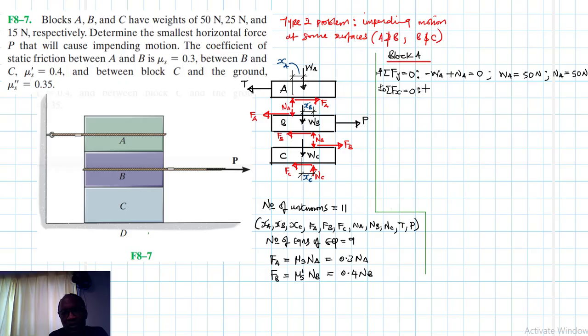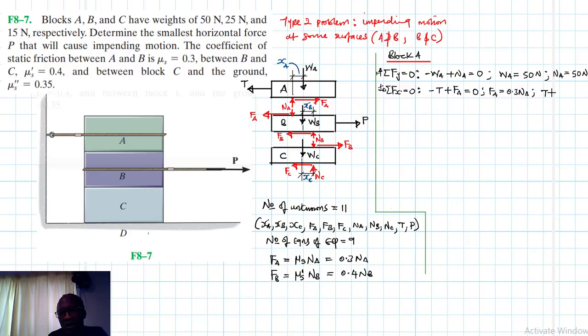Then we have summation of forces in the x direction equal to 0, going this direction being our reference. So we have minus T plus FA equal to 0. We know that FA is equal to 0.3 by NA, and we already know what NA is.